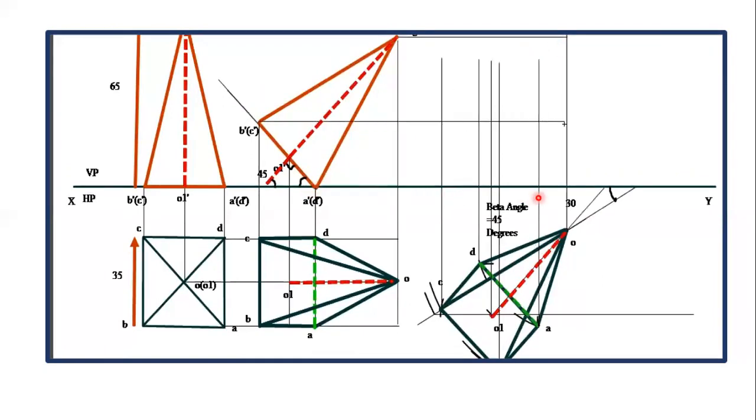A dash and D dash will be on the XY line. B dash with B is B dash, and C dash with C will be C dash. Now A intersect with A dash is A dash. B intersect with B dash is B dash. C with C dash is C dash. And D intersect with D dash is D dash. Similarly represent O dash and O1 dash.